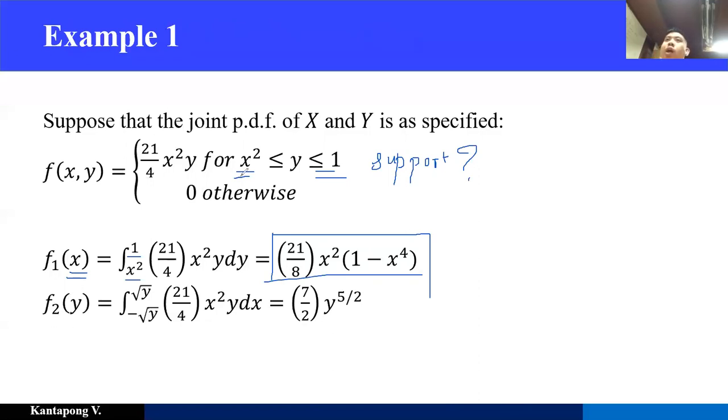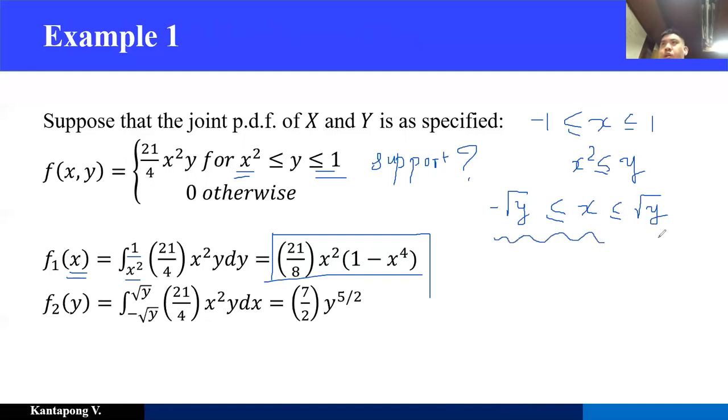Well, this one is similar for f2 of y. We know that x is between minus 1 and 1, right? And x squared is less than or equal to y. We can modify this: x is less than or equal to the square root of y and greater than or equal to minus the square root of y. So this one is the support, and we have to find it as a function of y.